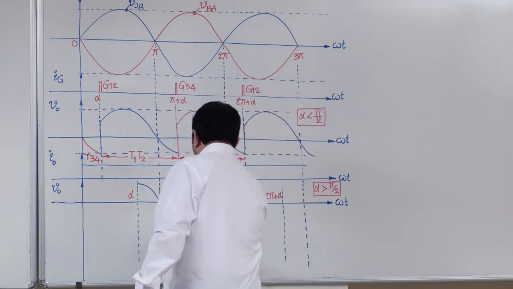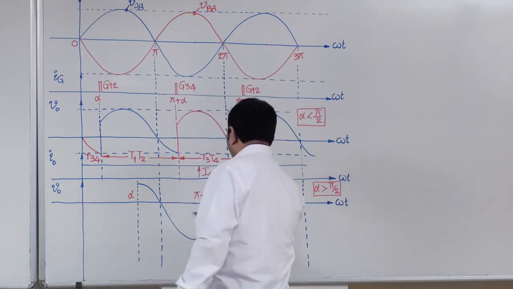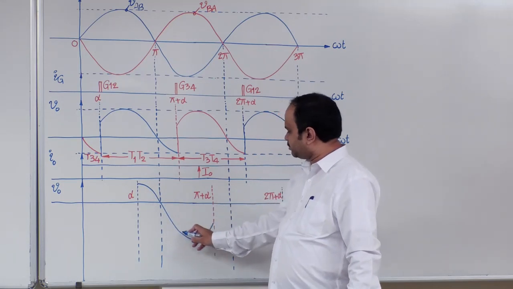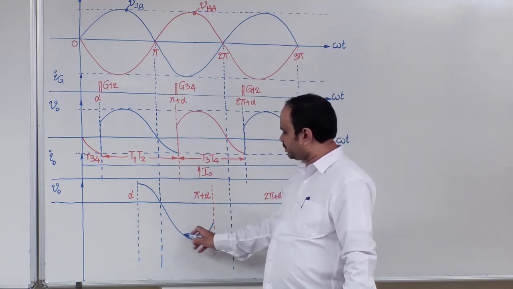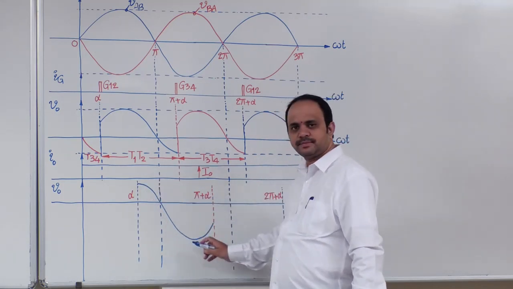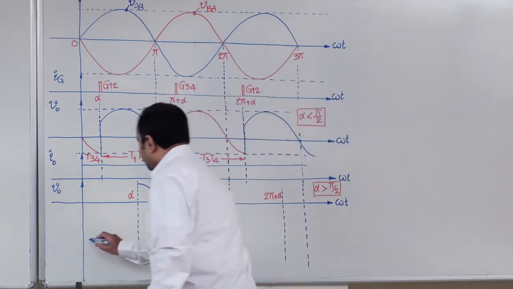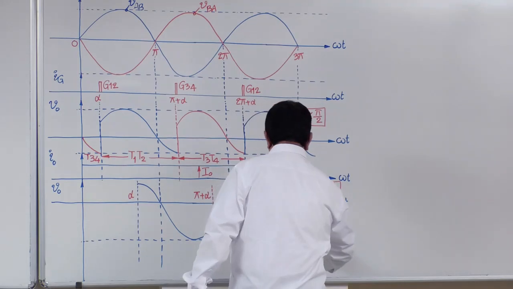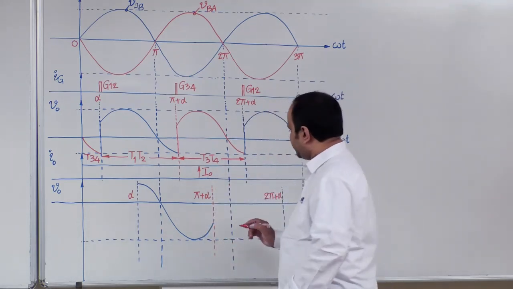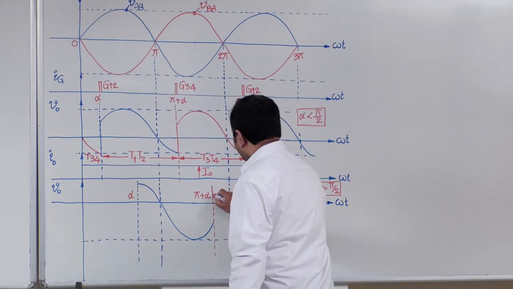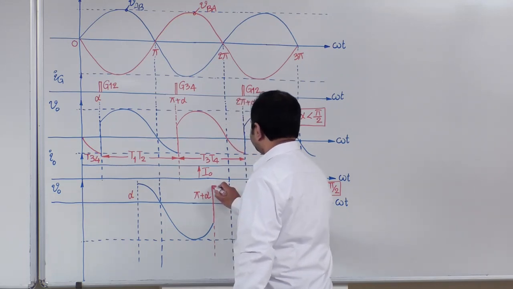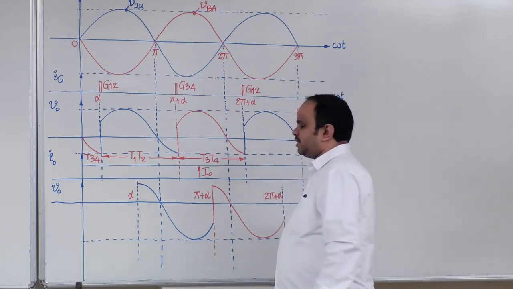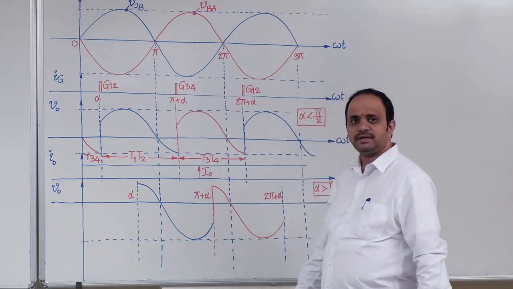When alpha is greater than pi by 2, if you draw the V0 waveform, that is the blue color sinusoidal from alpha to pi plus alpha, it looks like this. Next, from pi plus alpha to 2 pi plus alpha, we need to draw VBA, where VBA is like this.